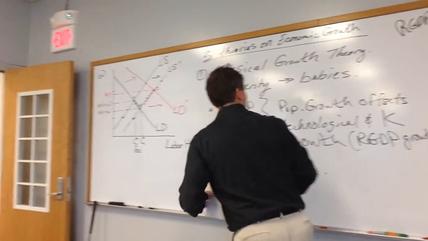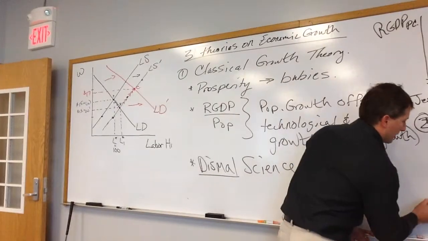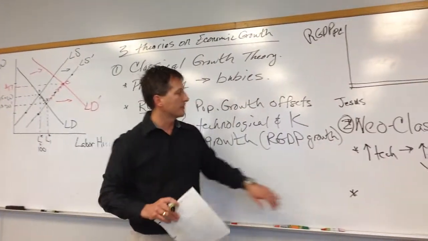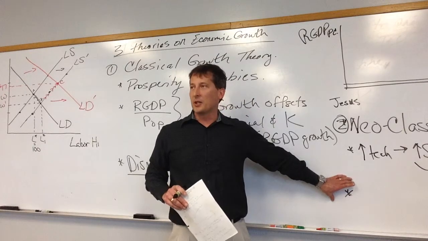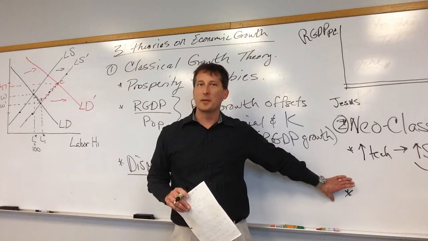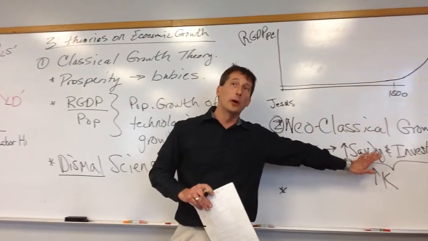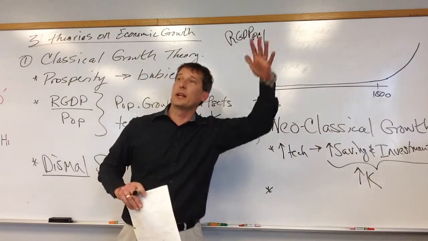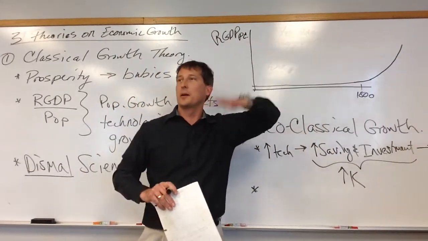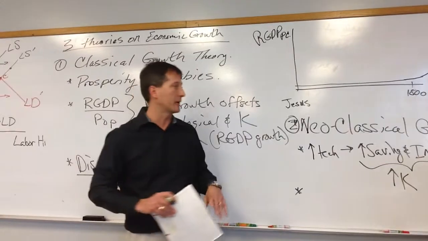Now, the rub on this was that this is subject to diminishing returns. Remember diminishing returns? We talked about that last time. So as we acquire more and more capital, it doesn't keep giving us this extra bump, maybe an exponential bump in growth.